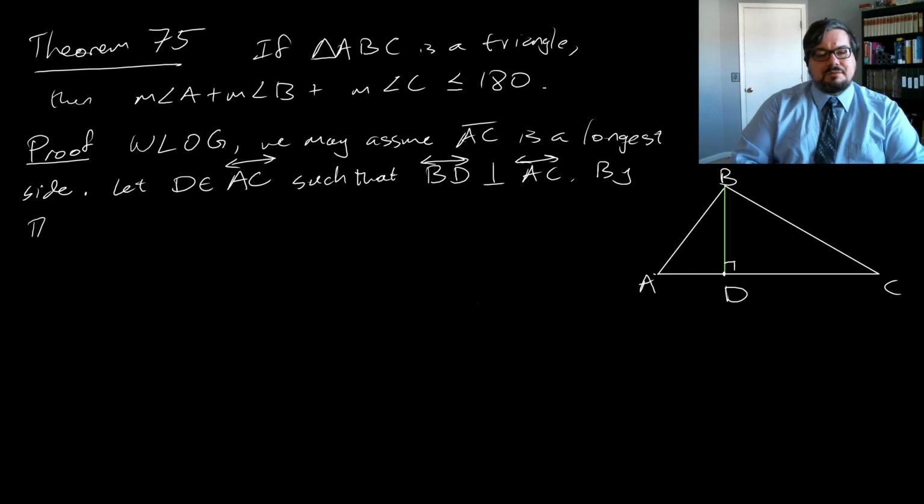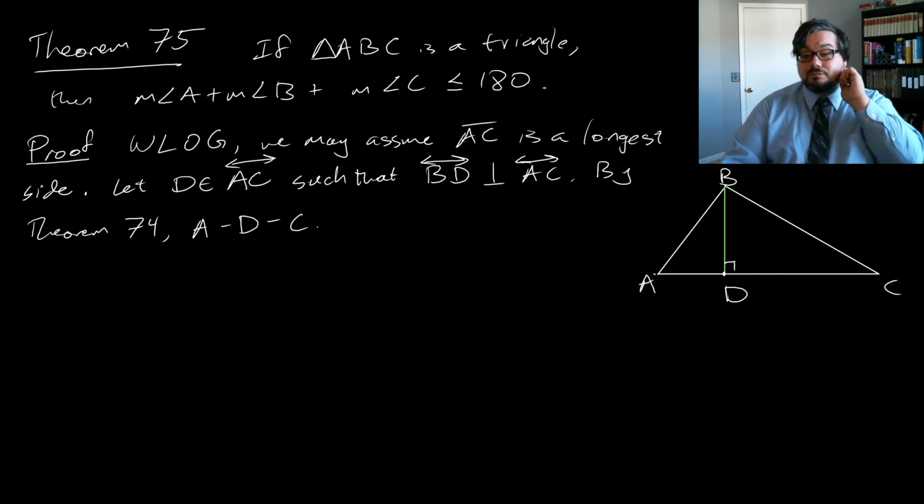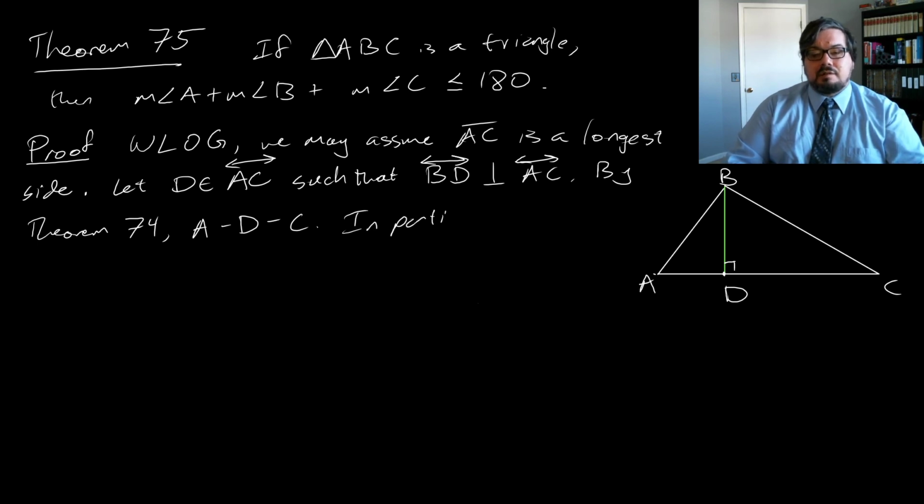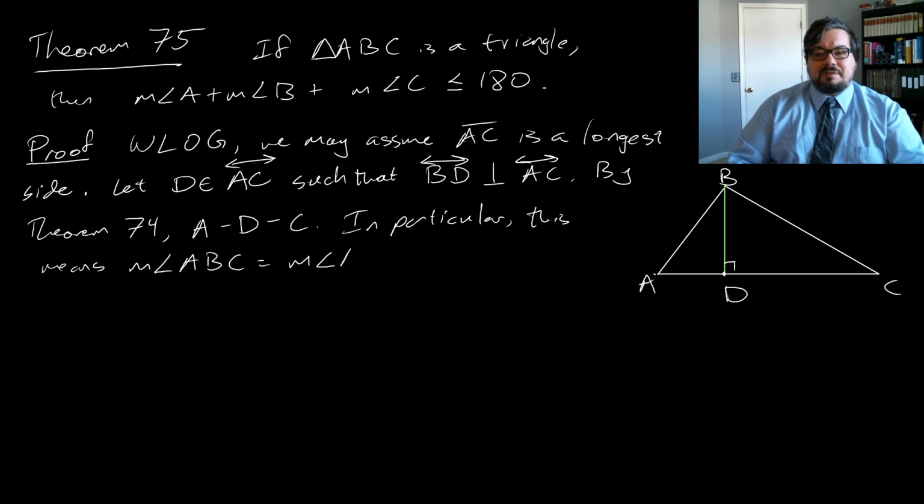By theorem 74, D lies between A and C. In particular, this means that the measure of angle ABC is equal to the measure of angle ABD plus the measure of angle DBC.